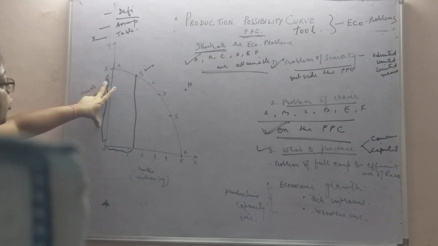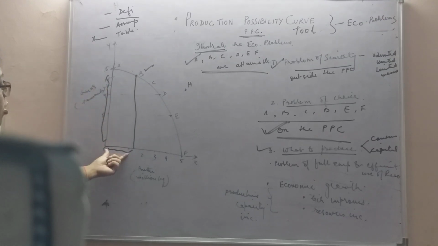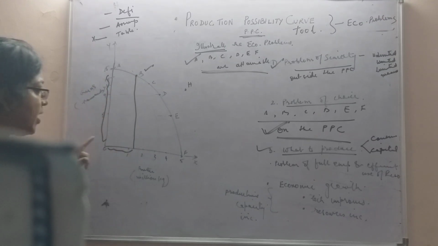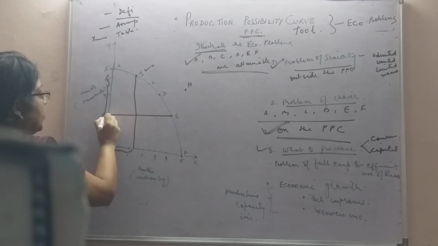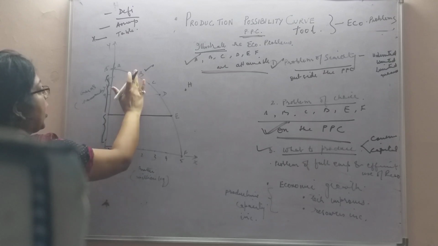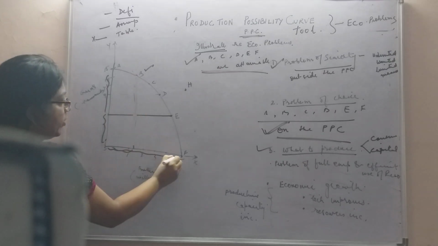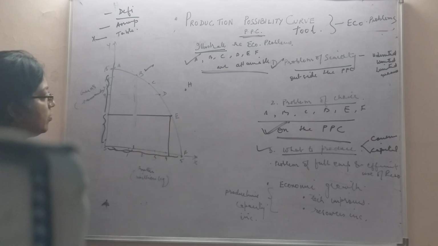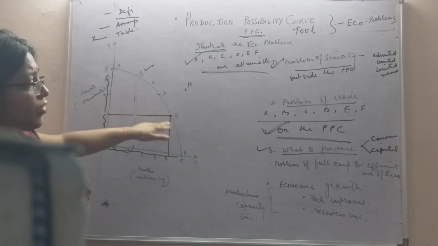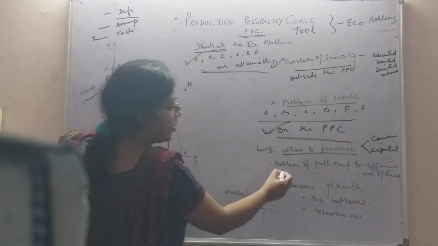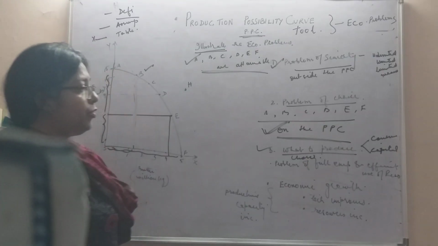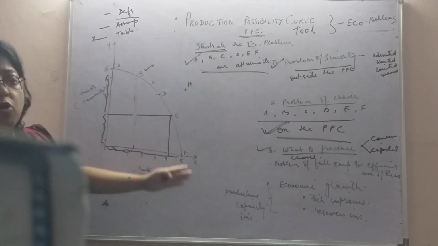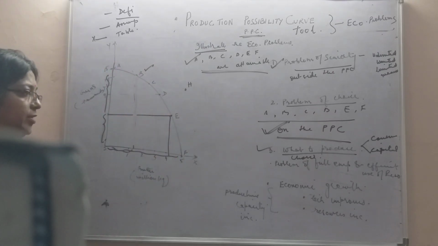That means it is producing more capital goods and fewer consumer goods. In the same way, if a country selects combination E, that means it is producing fewer guns and more butter. So the choice of combination indicates a country's desire of what to produce. A country can produce any of the combinations that is on the PPC.